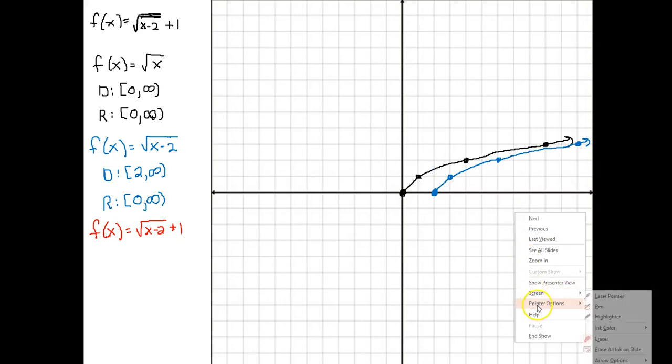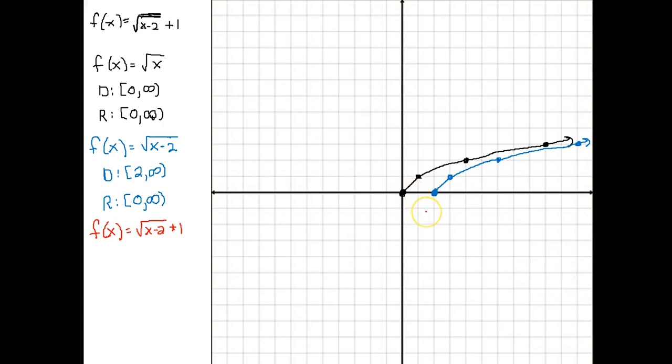Okay, shifting everything up 1. We got right here, right here, right here, right here. So now this is the final result.